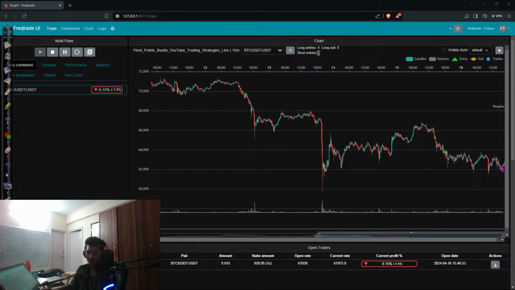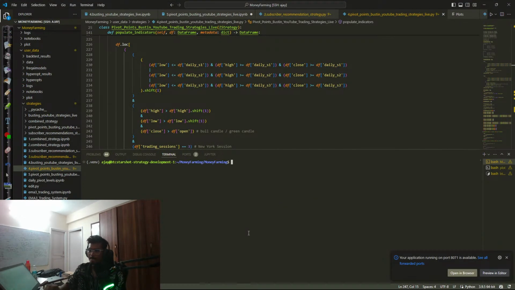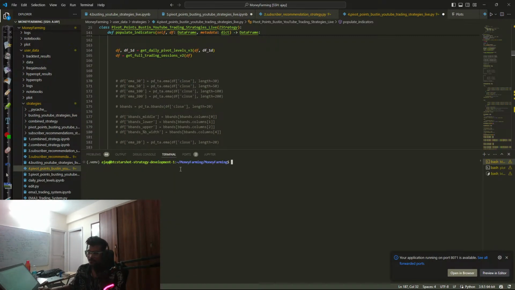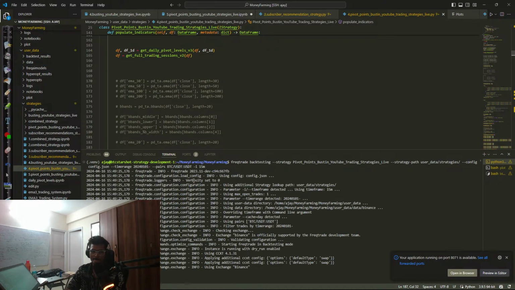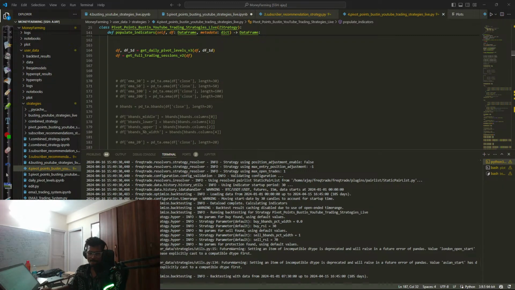Okay. So I can just disable this. Now let's run the backtest. It's already 1 hour.